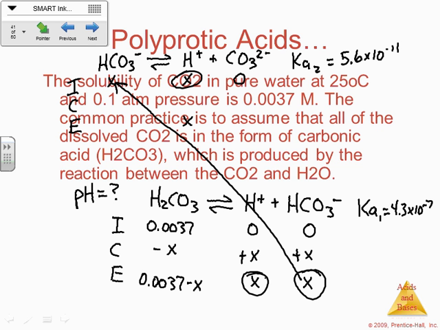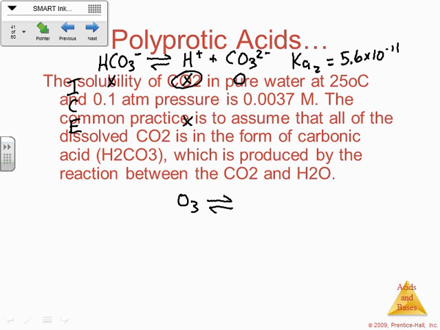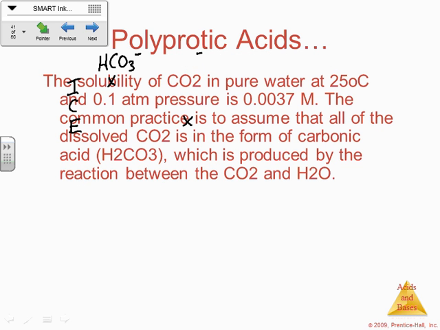Let's say you've got something like, let me just erase all of this, H3PO4. And they ask you to write out the Ka1, the Ka2, and the Ka3 reactions for phosphoric acid, okay?